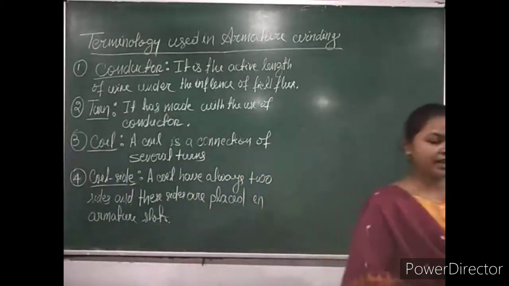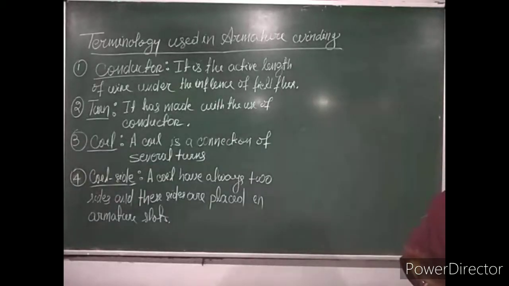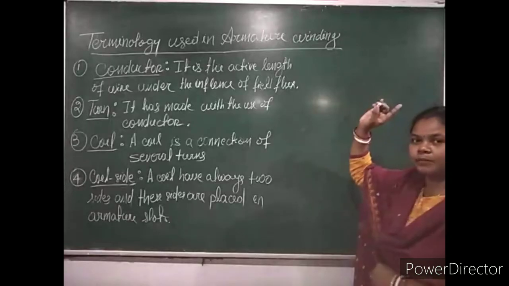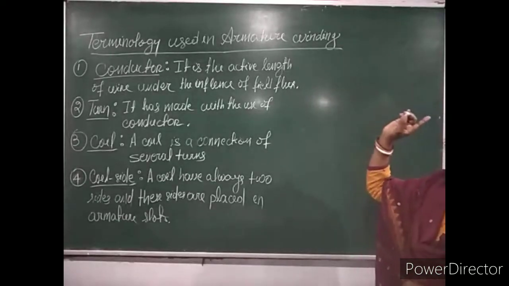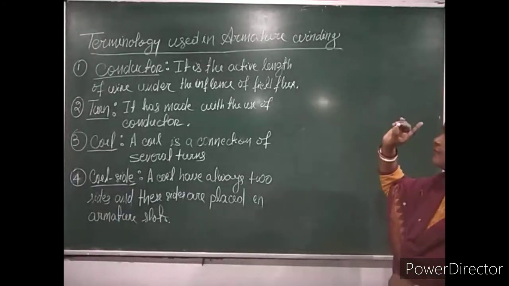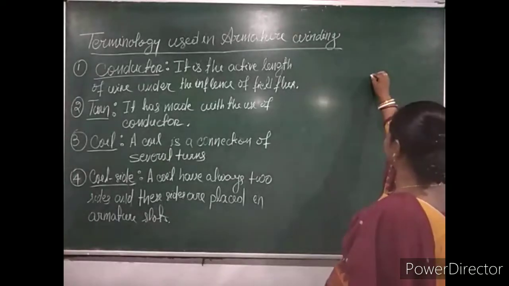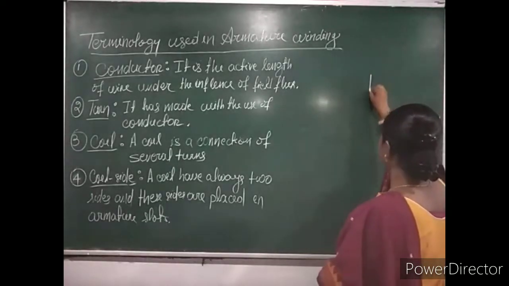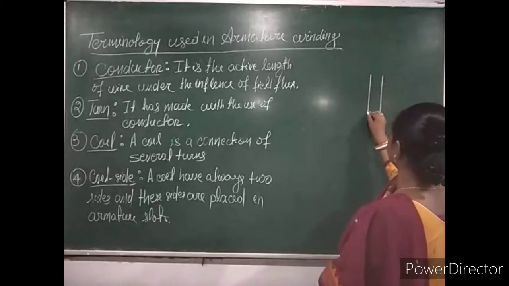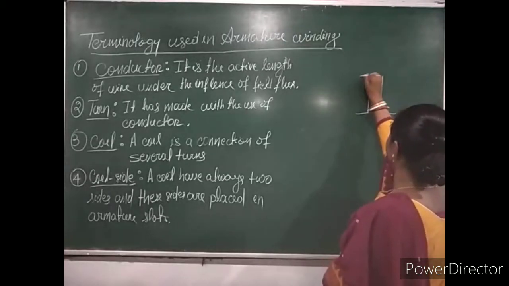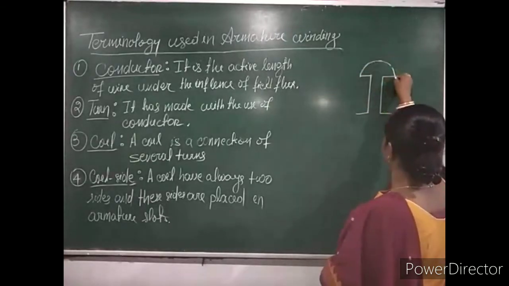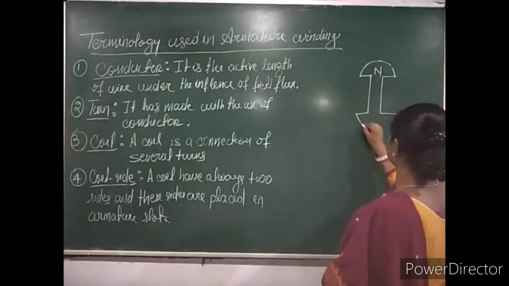Before these classes, we have discussed the construction principle. On that, I take the example of a salient pole synchronous machine. In a salient pole synchronous machine, I take two poles, one pair of poles.